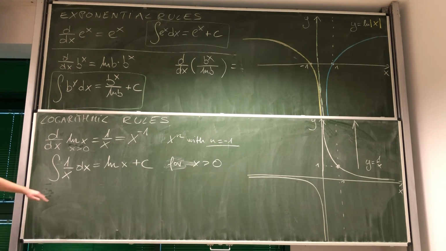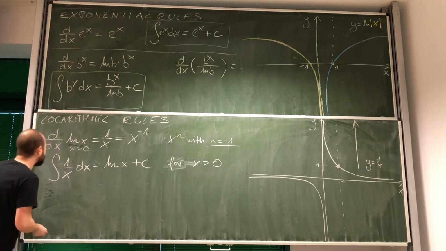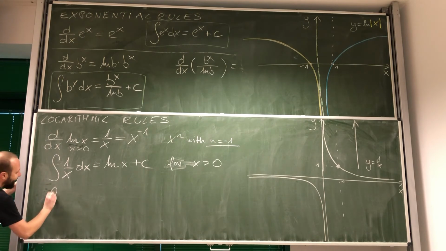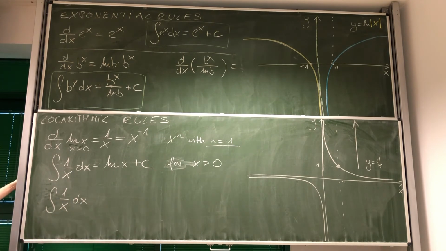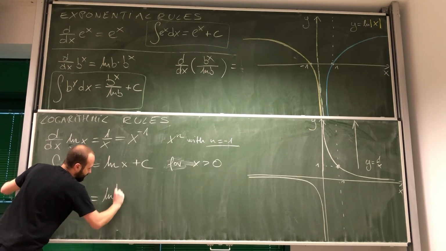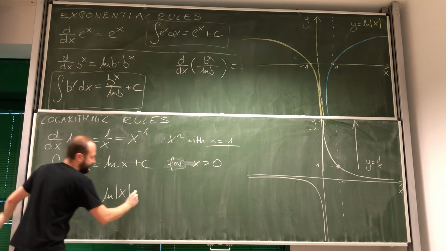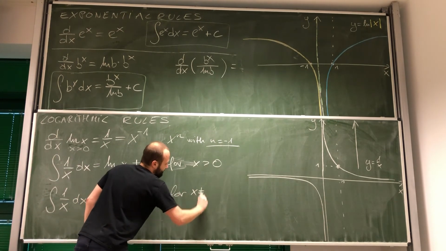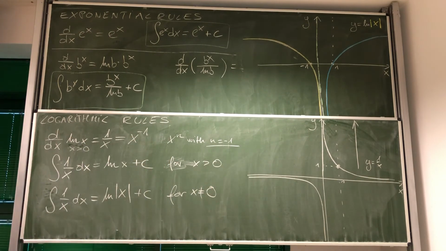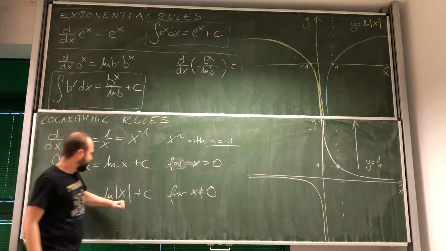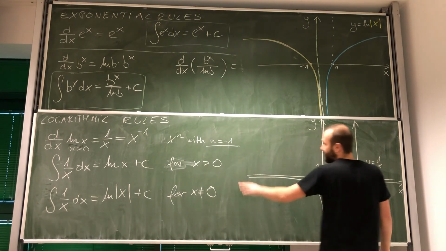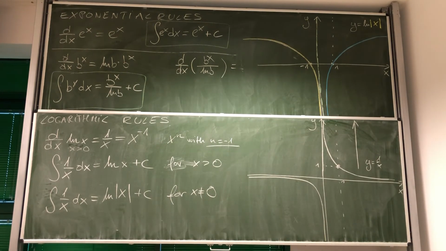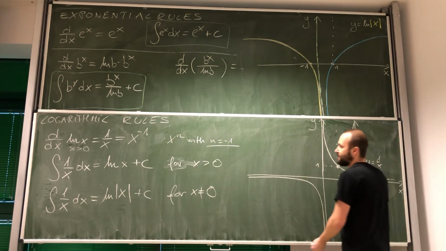And of course here we can write the more general formula that the integral of 1 over x dx is equal to the natural logarithm of the absolute value of x plus c for x different than 0. So we just need to remember to impose absolute value on x in our calculations.